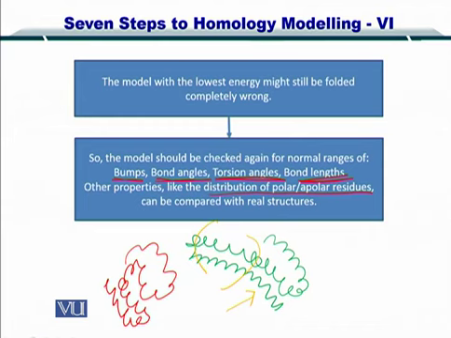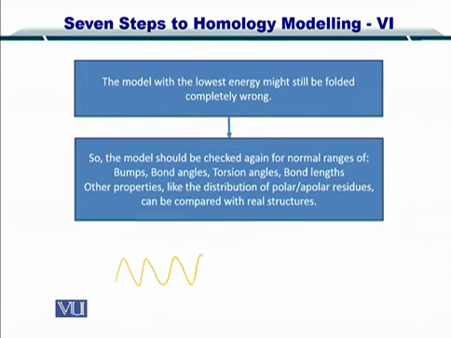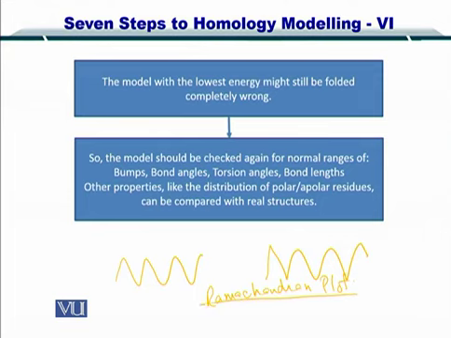Also, the bond angles in the backbone should follow the Ramachandran plot. This is called the Ramachandran analysis, and it is an integral part of the protein structure prediction problems.